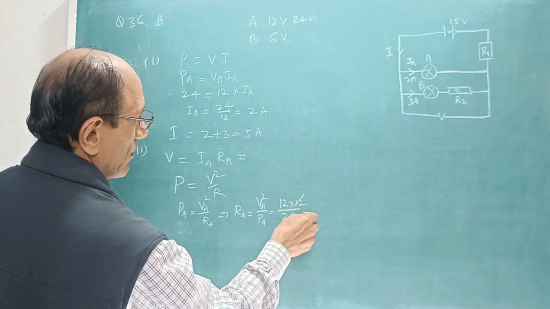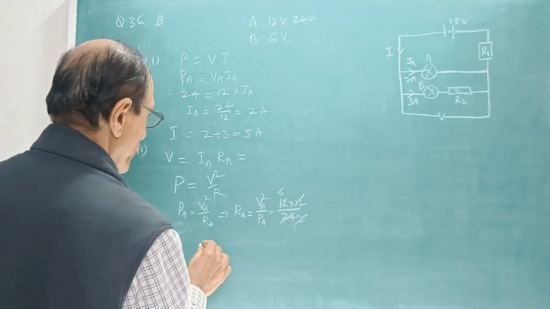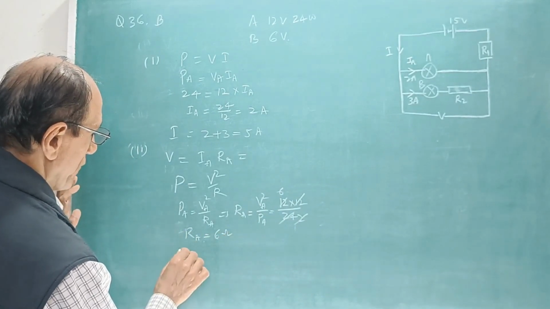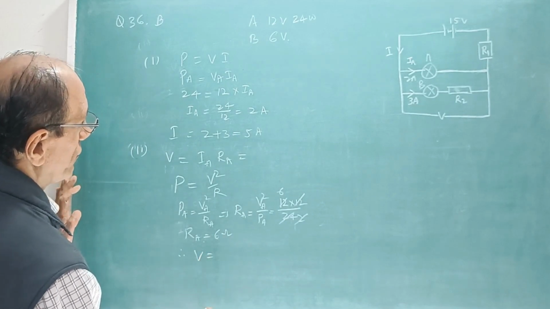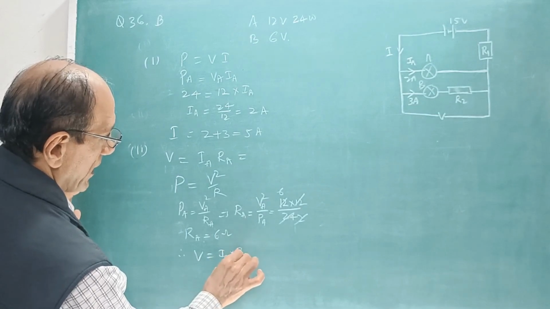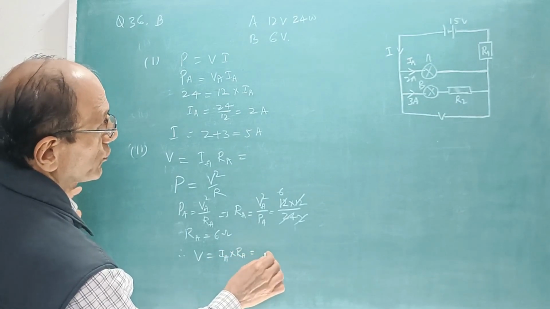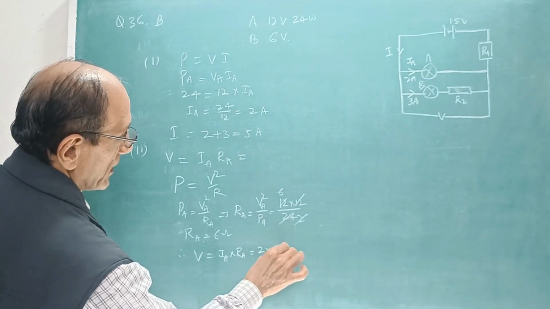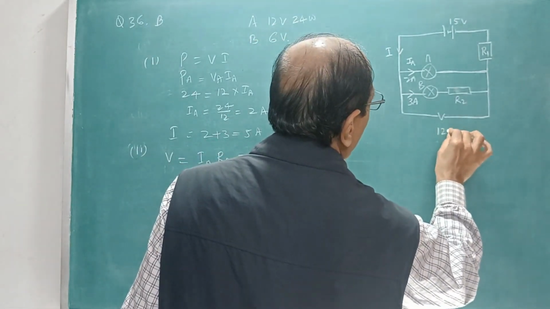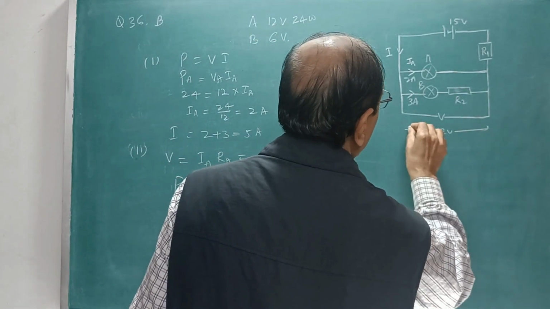So this 12 and this 2 is 6. So RA is equal to 6 ohm. Therefore, V is equal to IA into RA, that is 2 into 6, that is 12 volt. So here it is 12 volt from here to here.